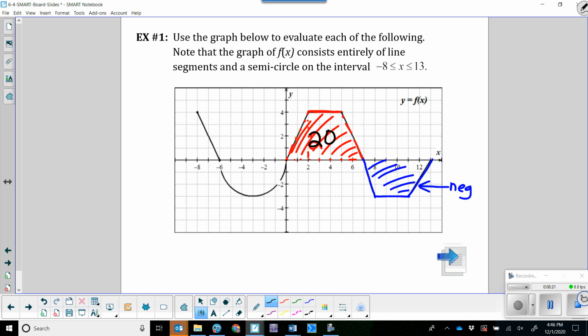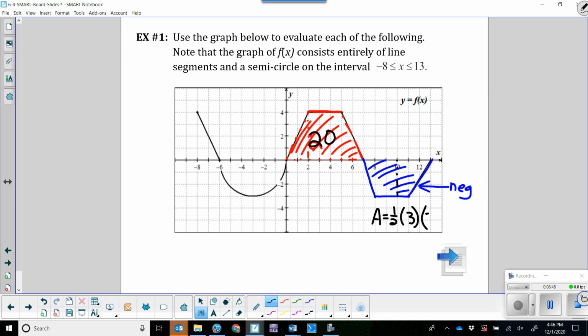Now we need to find the area of the blue part, and then we just need to remember it's going to be negative whatever we get, okay? So I'm actually going to just do that right here so that it's a little bit easier to see. So I'm going to do the trapezoid rule again. So I'm going to have 1/2 the height. Well, the height again is right here. So that height is 3. And then base 1 plus base 2.